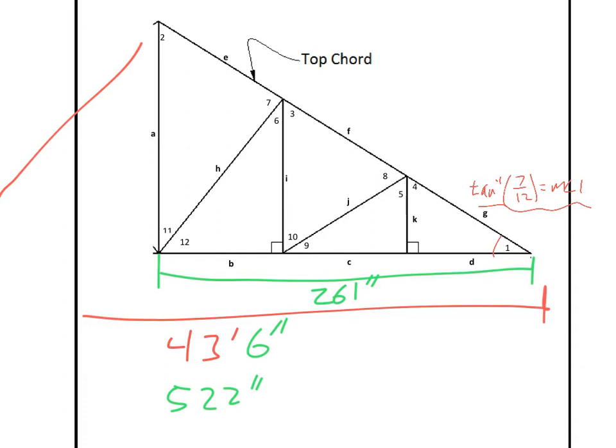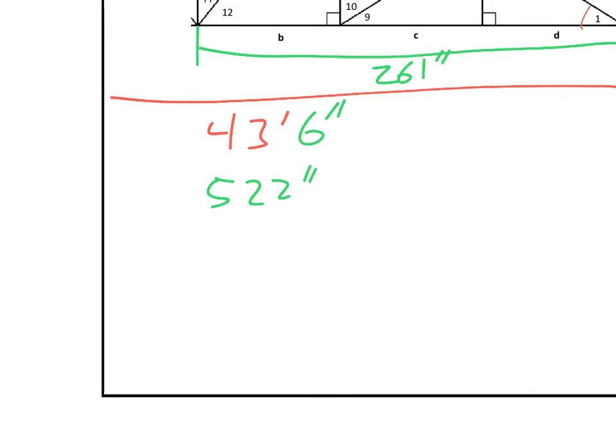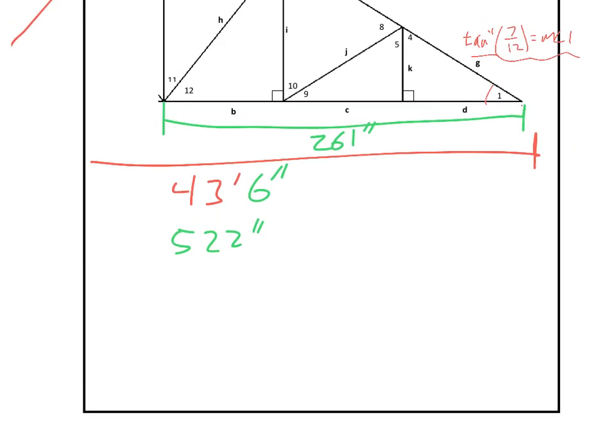As you're doing this, record your work and keep it organized. You're going to find out that D is 261 divided by 3, and I'll let you figure out what that is. Once you know what D is, you can use your angle here, and you can use a sine, cosine, or tangent equation to find K, maybe.